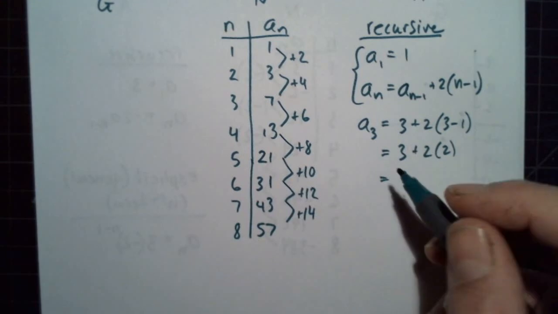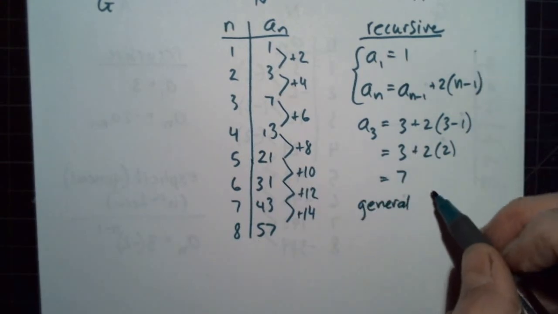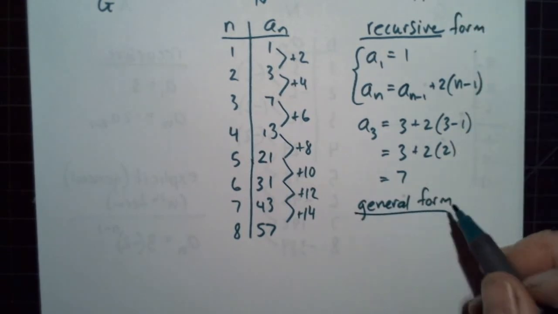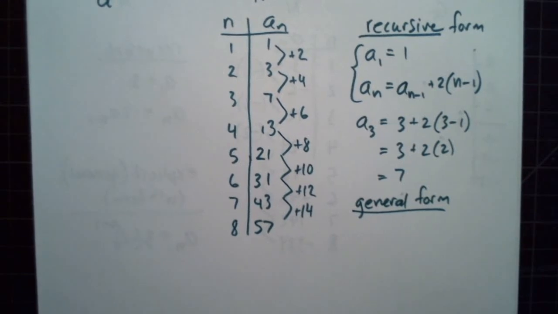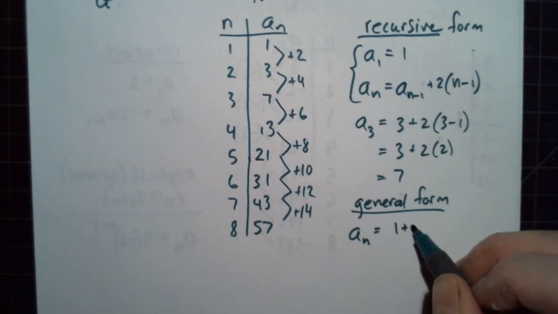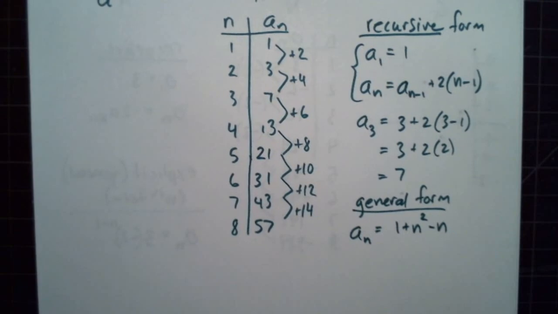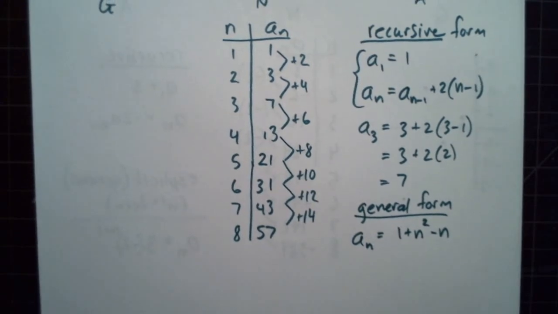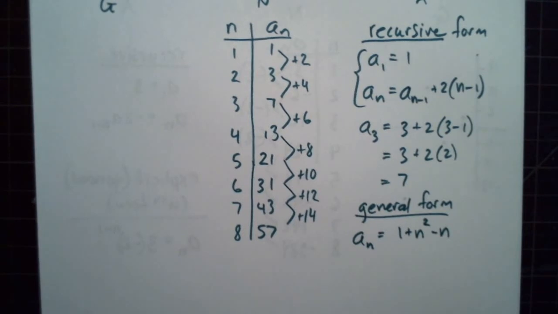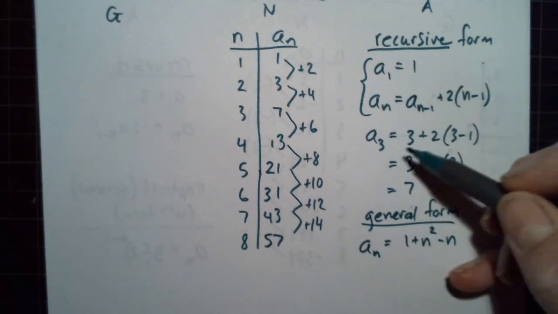And then we'll go to the general form for this problem. The general form is even harder, and I'm just going to write it out. So by using some other characteristics of the sequence, we could come up with this using some formulas. I'm just showing you the difference between recursive and general, but you don't have to come up with these yet.